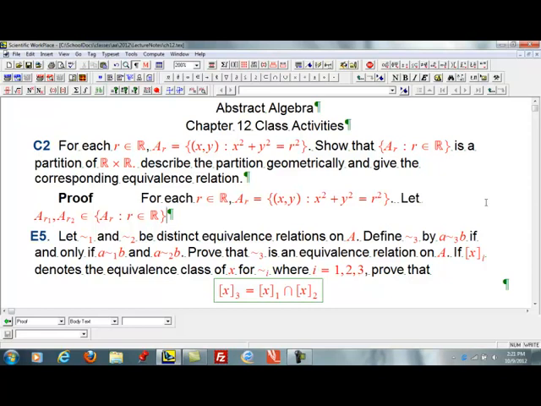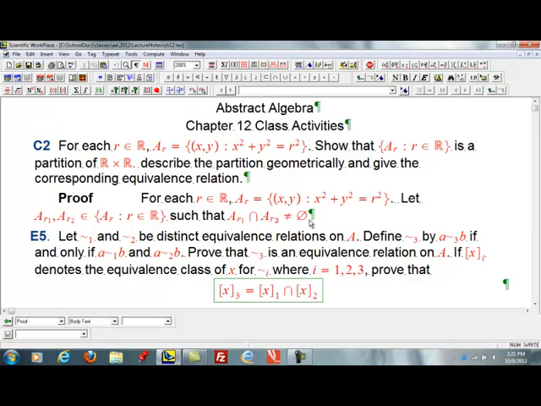So let's do that. So we're going to have A R1 intersected with A R2. Oh, it should be an R2. There we go.